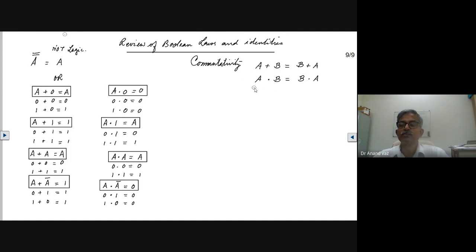So this is the validity of the principle of commutativity for the OR operation and the AND operation. Similarly, we have the laws of associativity, just like we have in algebra.